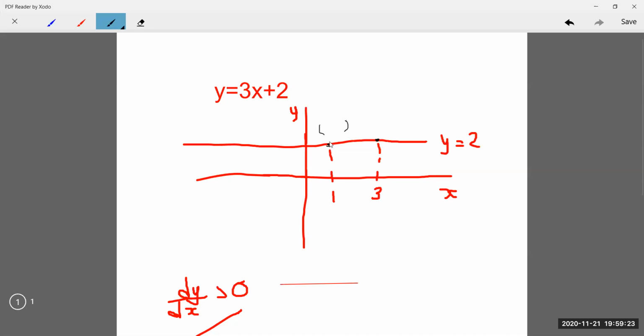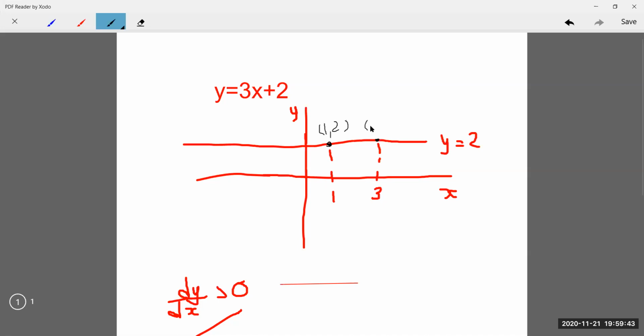So what would be this point right here? So that's the point 1, 2. What's this point right here? 3, 2.